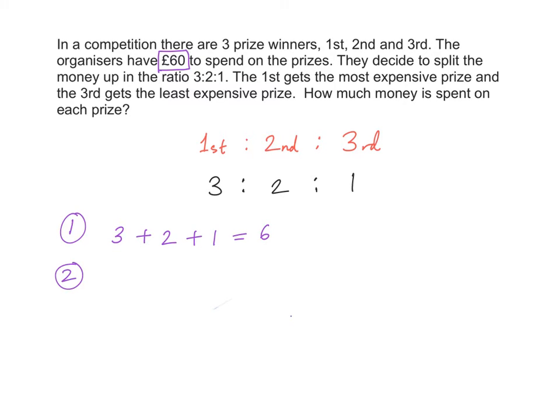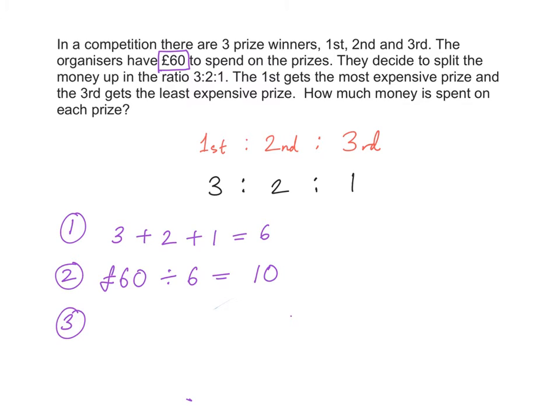Step 2, I need to divide the total amount, £60, by the sum that I have just worked out in step 1, so by 6. This gives me 10.